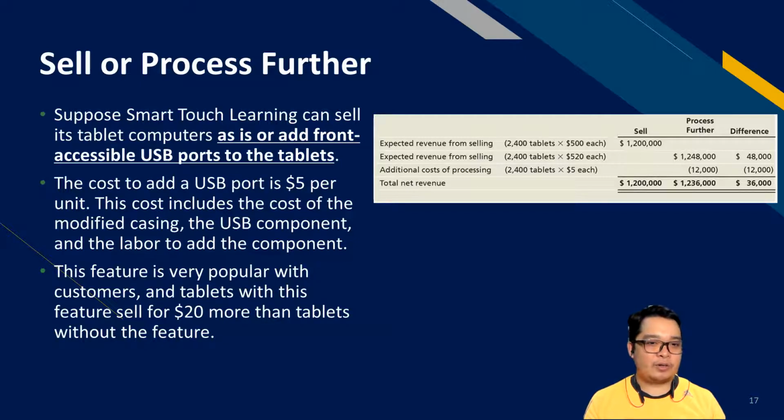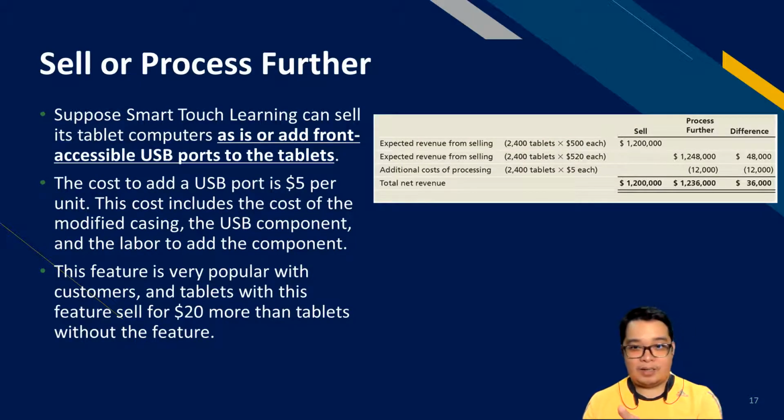This cost includes the modified casing, the USB component, the labels, and variable cost. This feature is very popular, and the tablets with this feature sell for $20 more than tablets without the feature. So what's relevant is the incremental revenue that you get by processing this further.